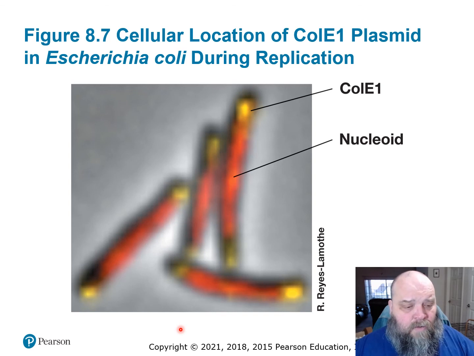E. coli is doing something completely different. E. coli, you see here, the yellow. Yellow is going to the origins. The ColE is the plasmid showing, hey, here's what if we do use a plasmid, because a plasmid's going to be just like the chromosome.